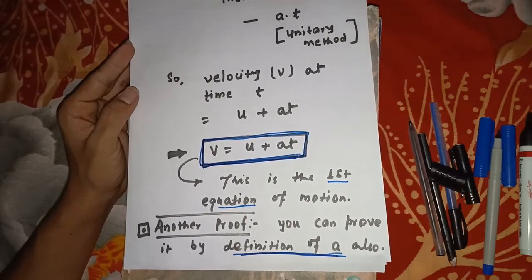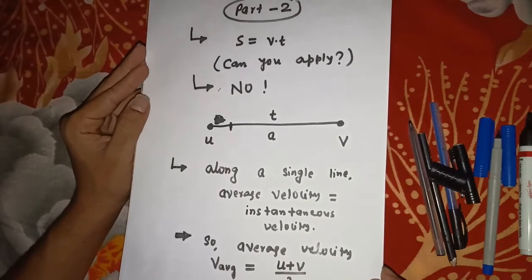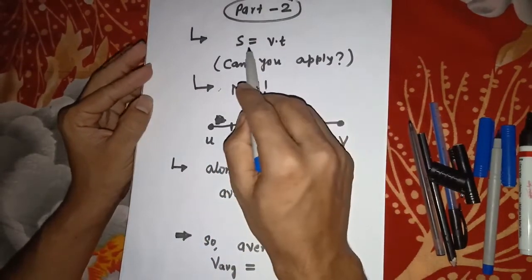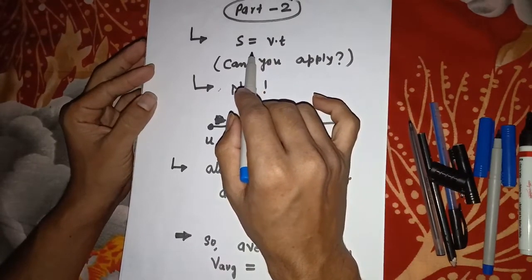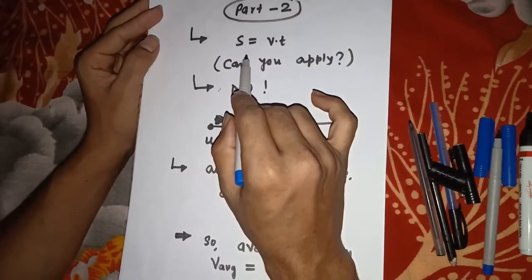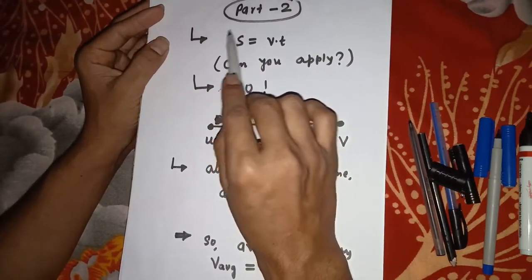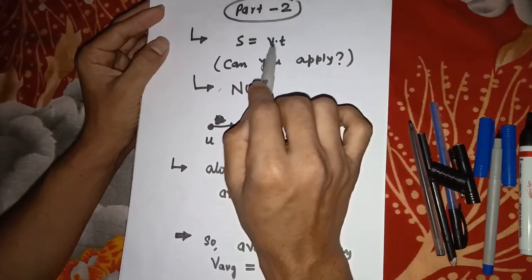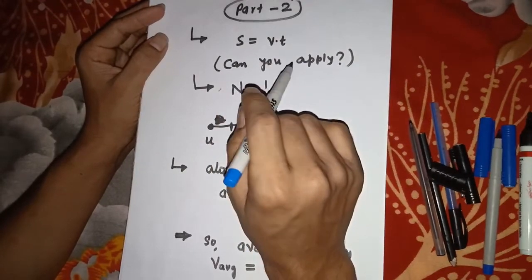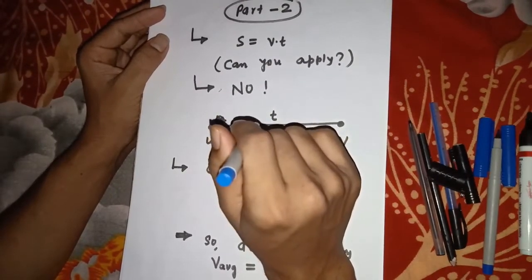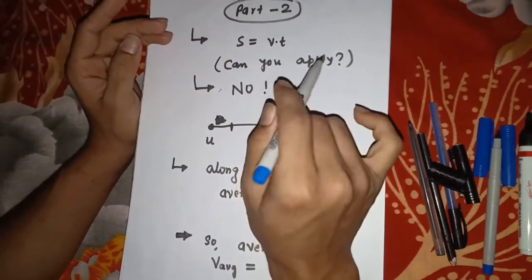Now, here my question is, can you apply the formula which you have already learned in your previous class, that distance is equal to speed into time? Can you apply it in this case when the velocity changes uniformly by a meter per second every second?